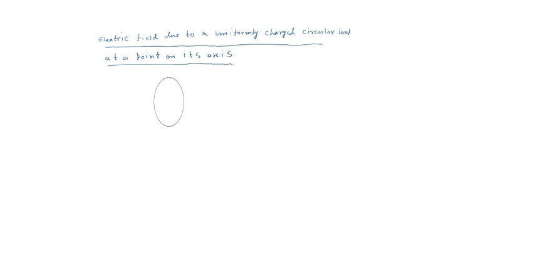So let's say we have a circular loop like this, and we need to find out the electric field at a point on the axis of it, like this.